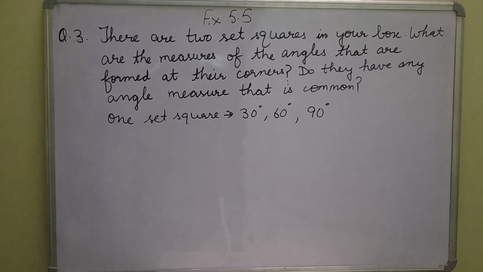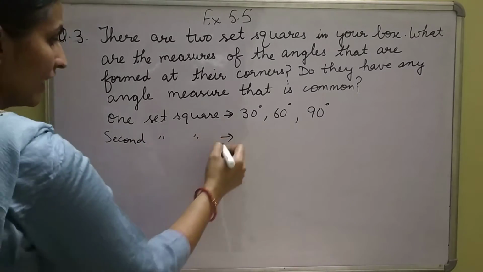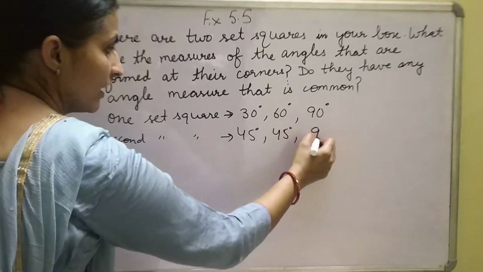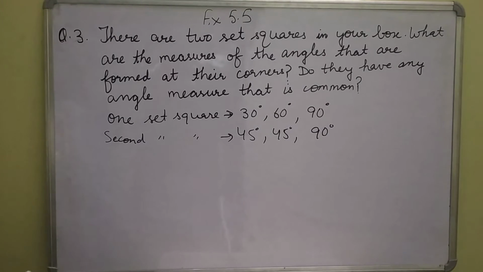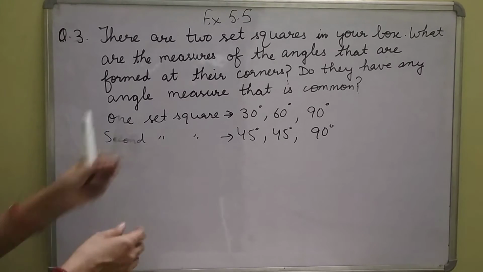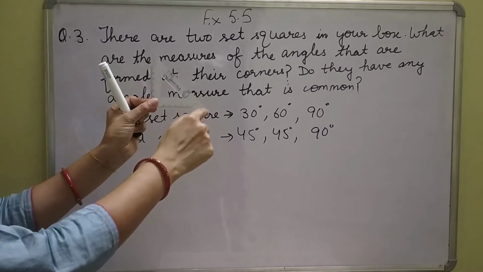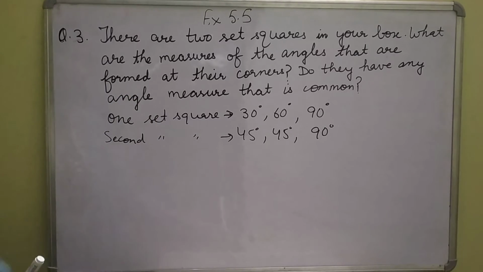The second set square has angles of 45 degrees and 90 degrees. In this set square, one angle is a straight 90 degrees and the other 2 are the same, so those are 45 and 45.